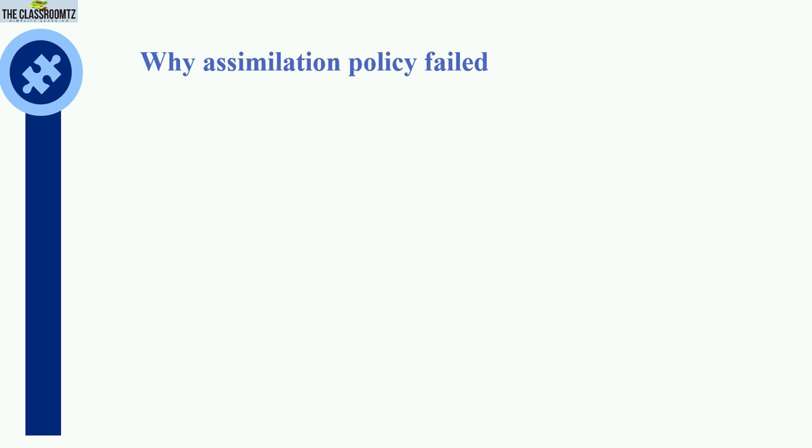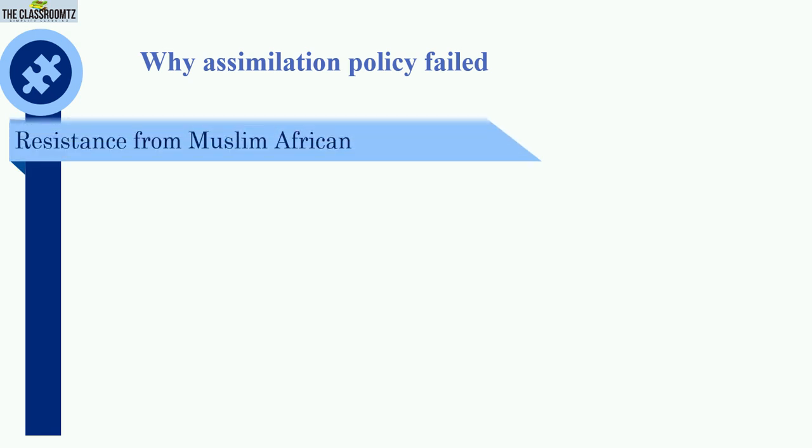administrative systems. Before going to what happened after the failure of this one, let's check why the assimilation policy failed. Number one, resistance from Muslim Africans. Remember the conditions. Among the conditions, you had to be Christian, and this applied mainly in West Africa. Most countries in West Africa were affected by the Islamic religion because of the trans-Saharan slave trade.